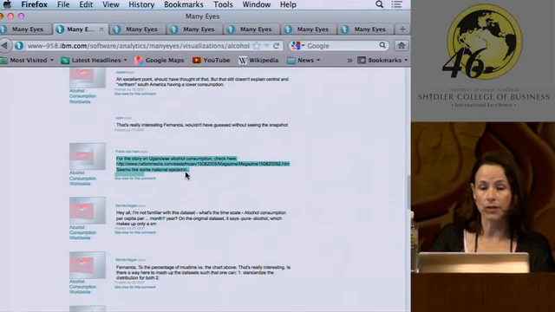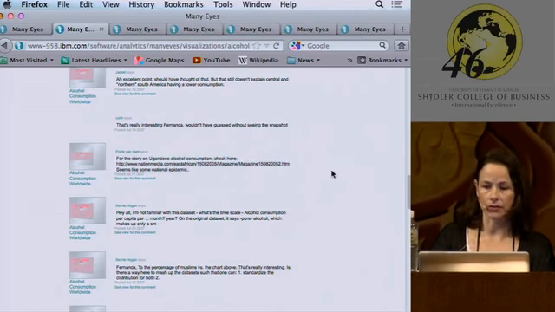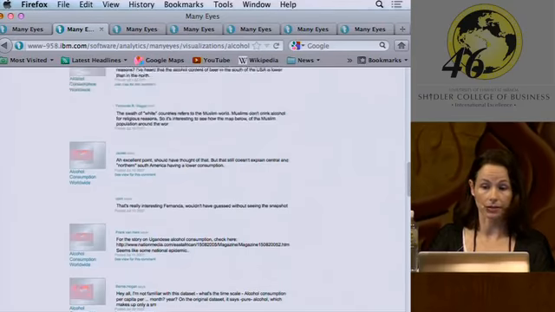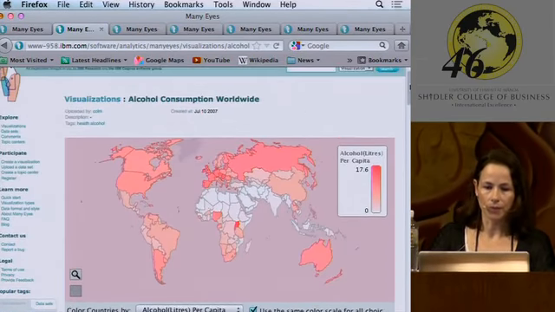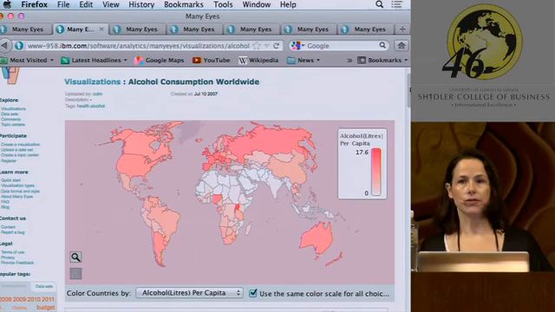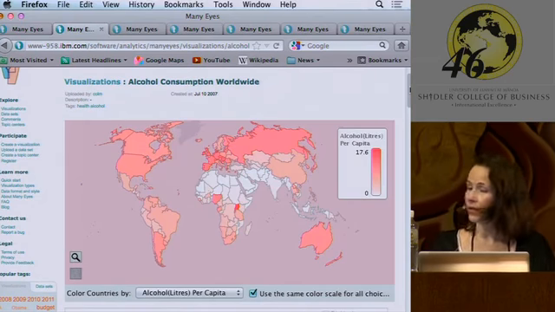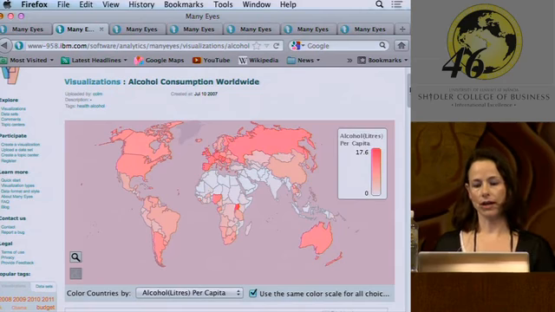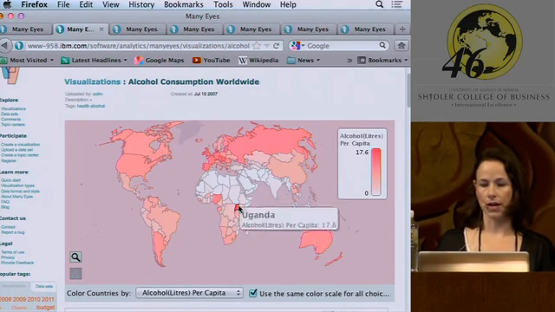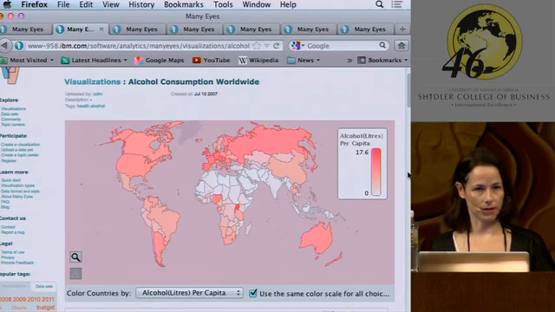So in fact, there was a major crisis in Uganda, and men were really going out of control with alcohol. That's interesting point number one. Interesting point number two was that part of that conversation was talking about the fact that there's this whole swath of countries here that has very, very low consumption of alcohol.